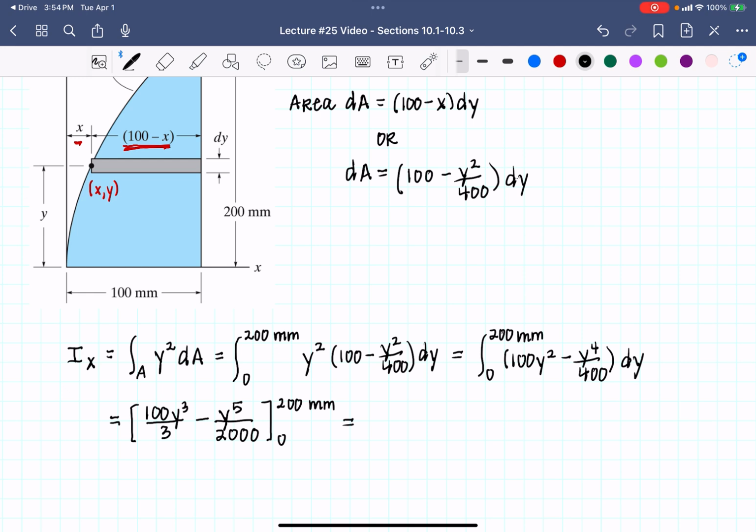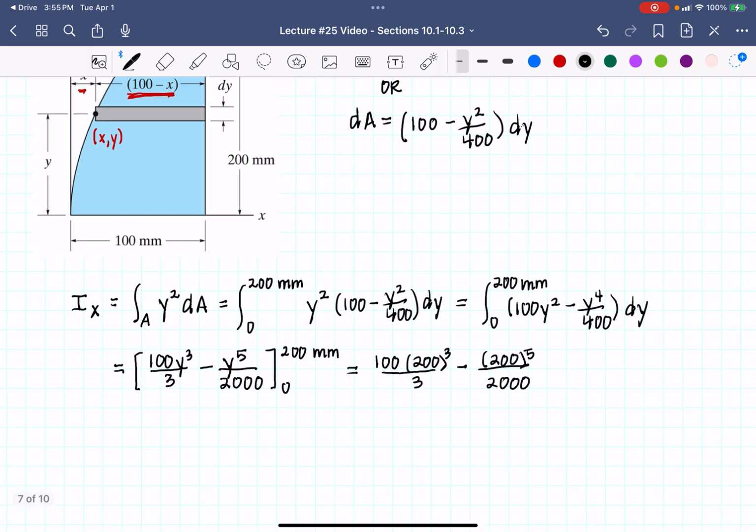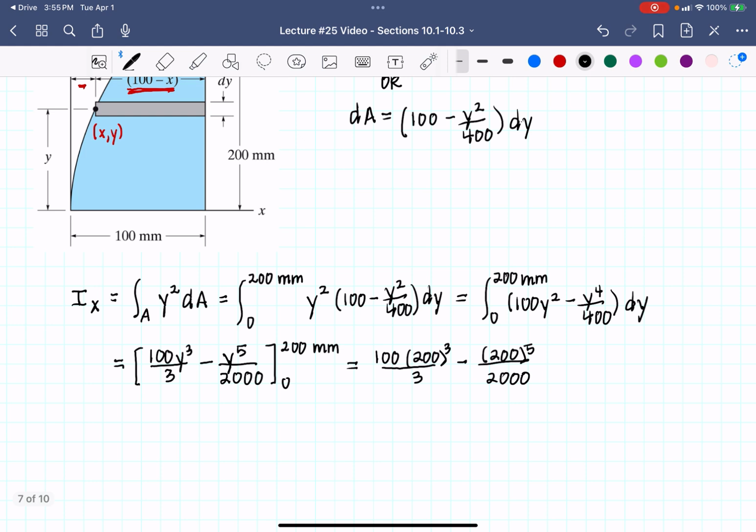And if I plug that in, I'm going to have 100 times 200 cubed over 3 minus 200 to the 5th over 2,000. And I get a really big number, but I'm going to use scientific notation.